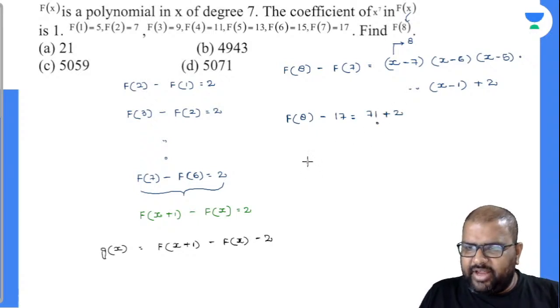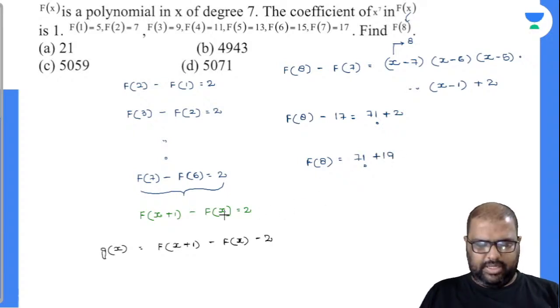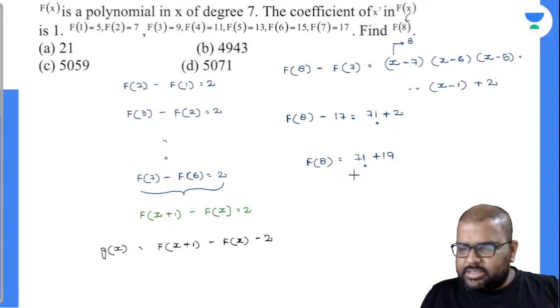And my f of 8 value will be equal to 7 factorial. So this 17 will come to the right hand side and become plus 19. Now please let me know how much will be the f of 8 value. 5040 plus 19. Is this nothing but 5059?